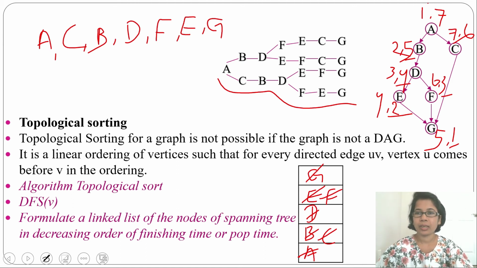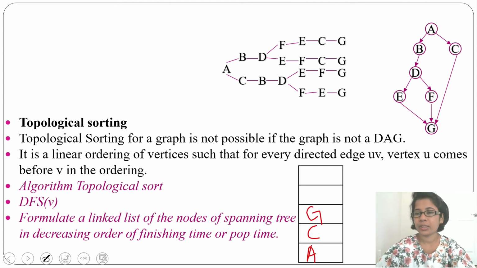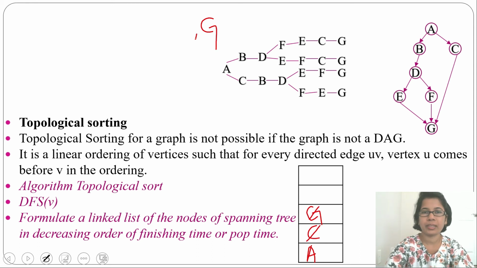So let me do another example. Here I will not use the numbers, I will directly do it from the stack, which will be easier for you. Let me push A onto the stack, then C onto the stack. After C, I'll push G. Then no adjacent of G is left, so I'll pop G. Whenever you are popping, just write it in the list. Then after G, I'll pop C. Just write C here.